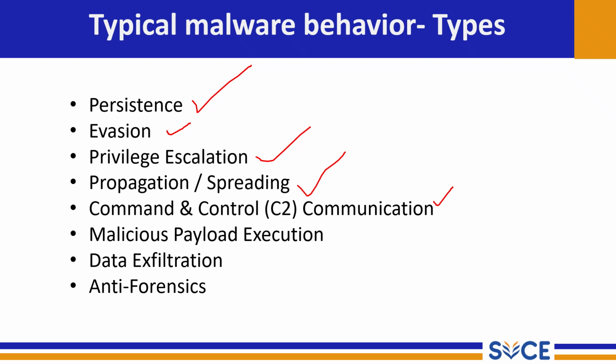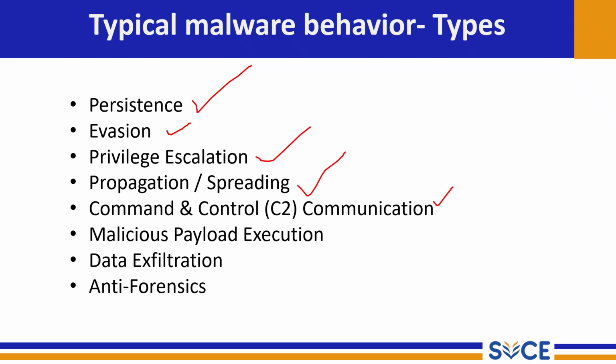Okay, next one is receiving commands. The C2 server sends commands to the infected system, instructing it to perform various malicious activities. These commands can include downloading additional malware, stealing data, launching attacks, or updating the malware itself.